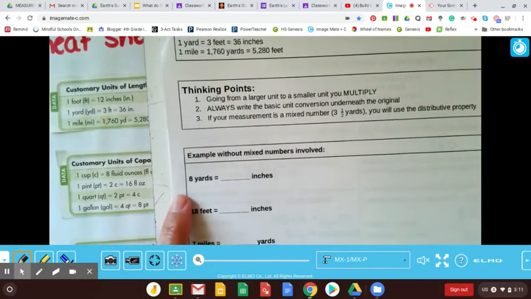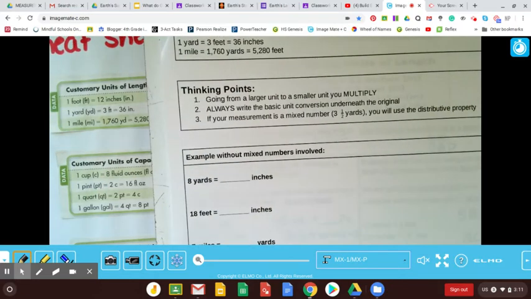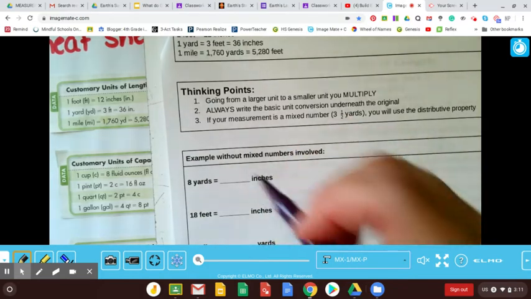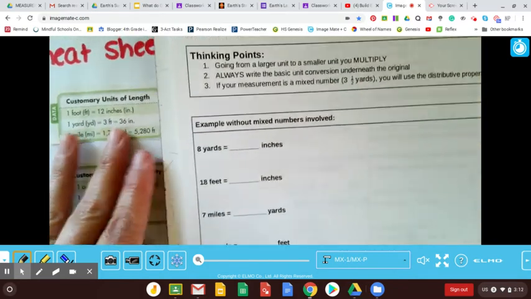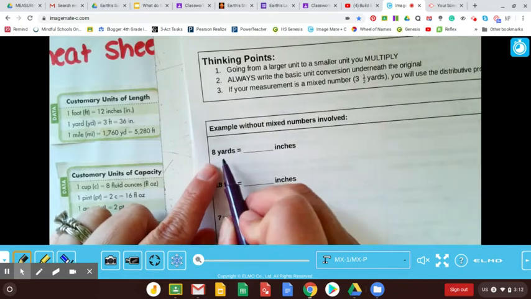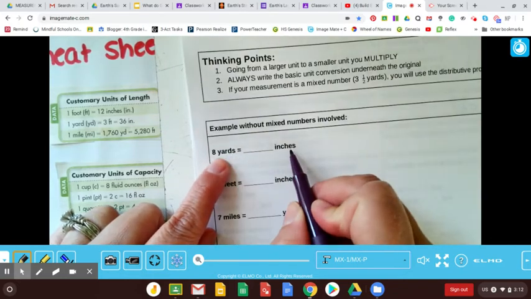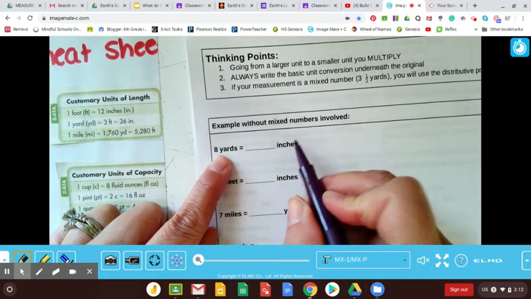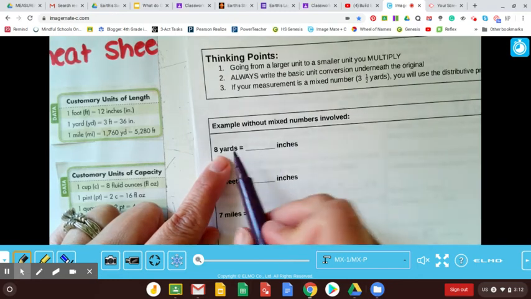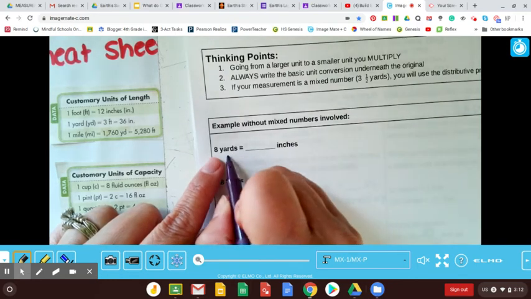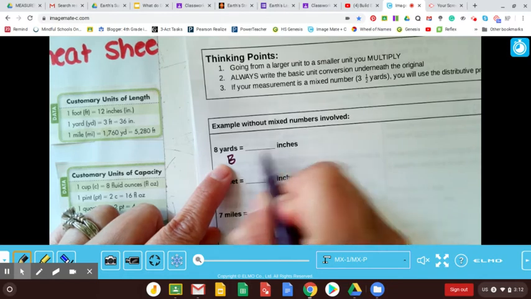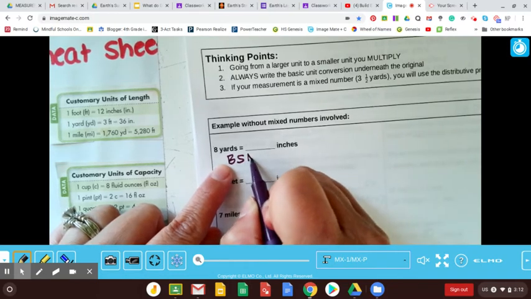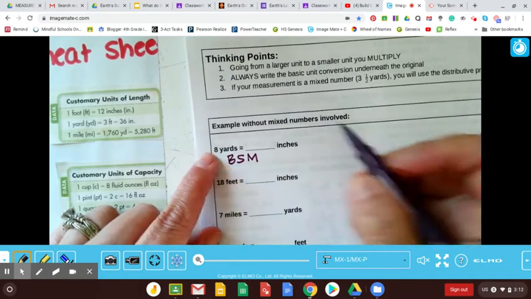All right, so let's take a look. We have 8 yards equals how many inches? All right, we got this. So think about it, yards and inches. We're going from yards, which is bigger, to a smaller unit, so we're going to multiply.